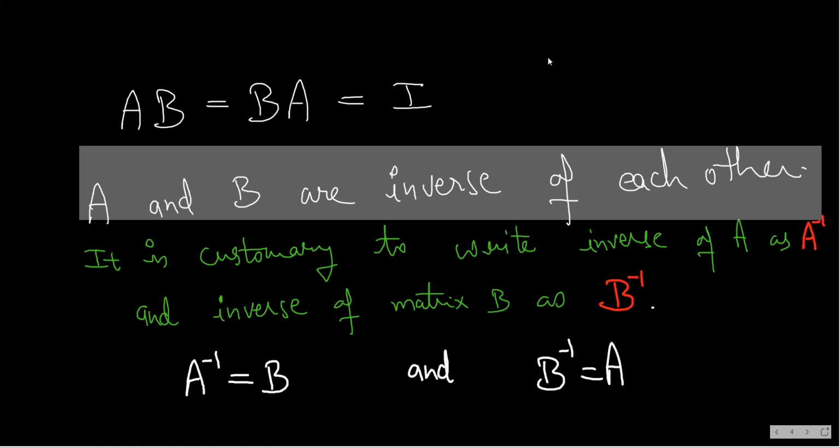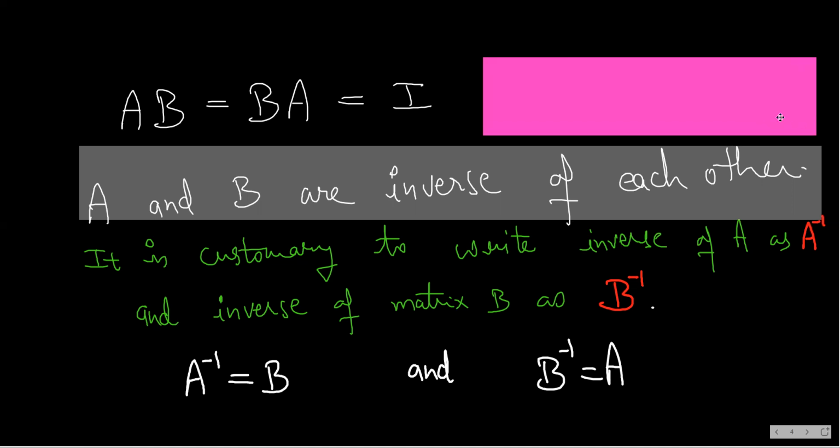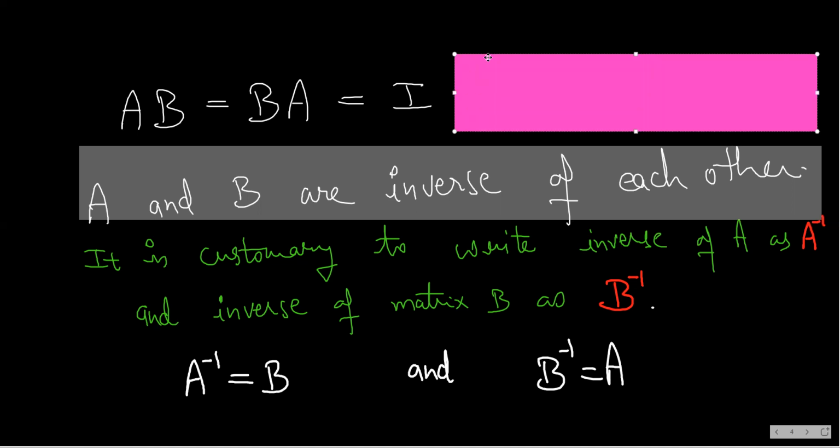So what I can now say is that this equation which I have here can now be written as A into A inverse equals A inverse into A equals I. You can write it like this, because B is A inverse. B is the inverse of A, that is A inverse.